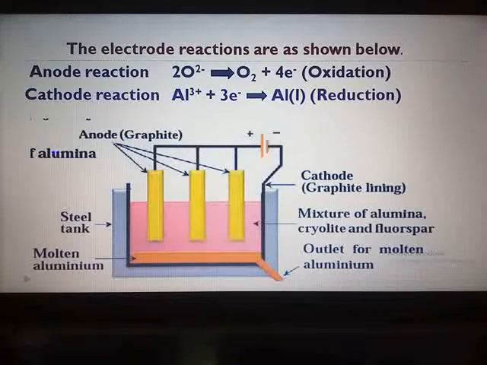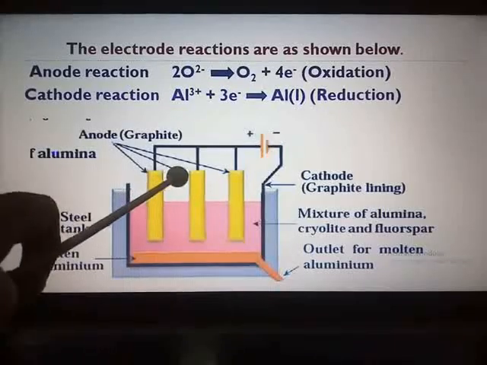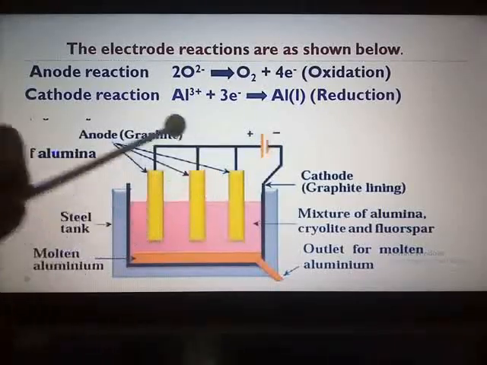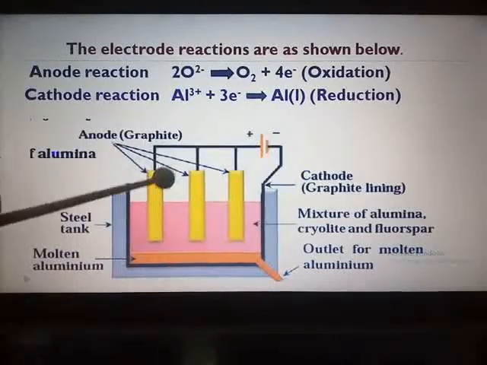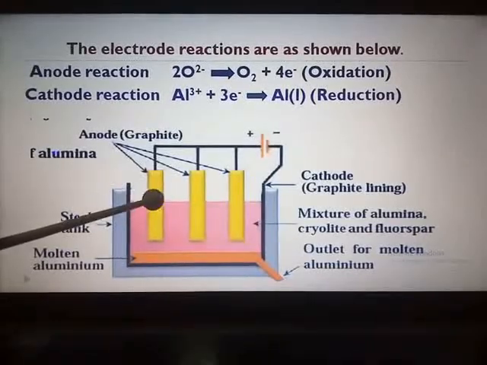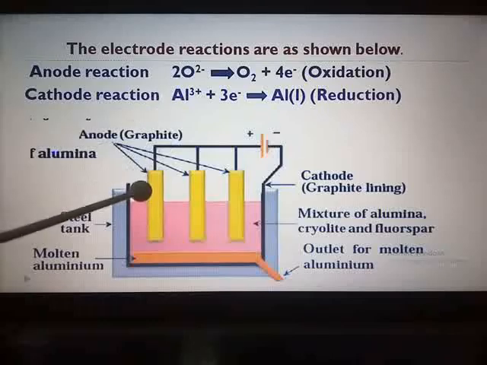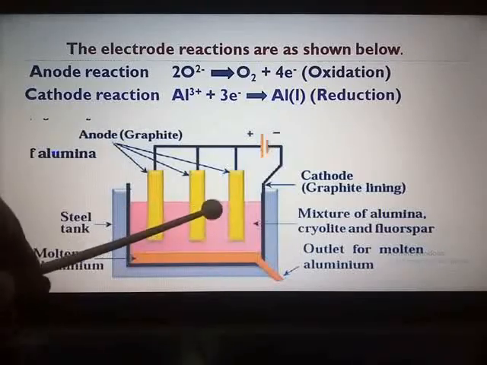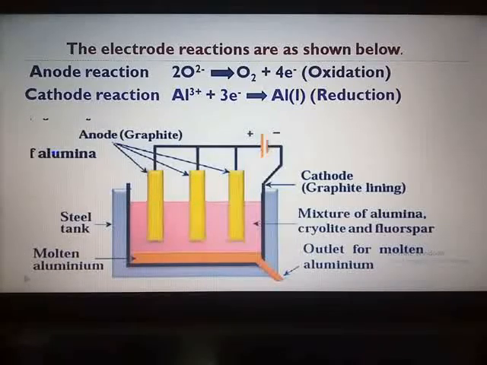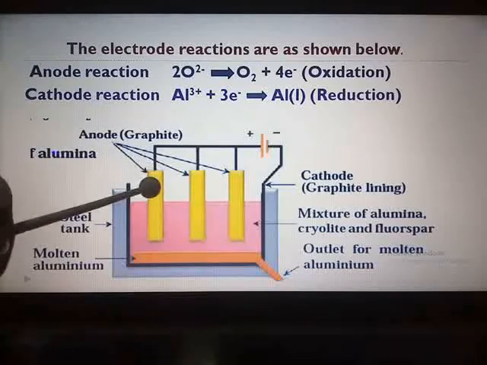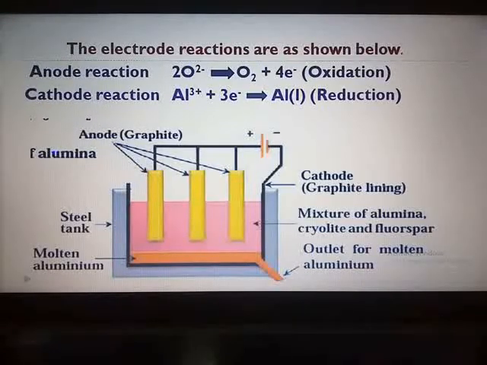So this liberated oxygen in the reduction process reacts with this anode and forms carbon dioxide gas. Graphite is carbon combining with oxygen, so carbon dioxide gas is released, and hence the anodes have to be changed from time to time because they get oxidized during the electrolysis of alumina. Now you can ask me how they get oxidized, because they come in contact with the liberated oxygen.